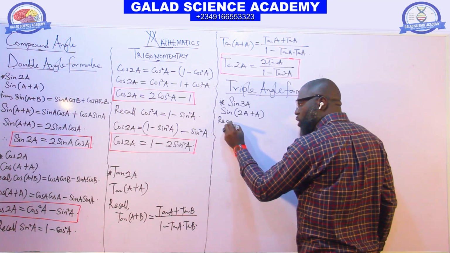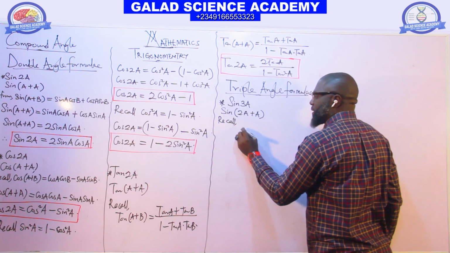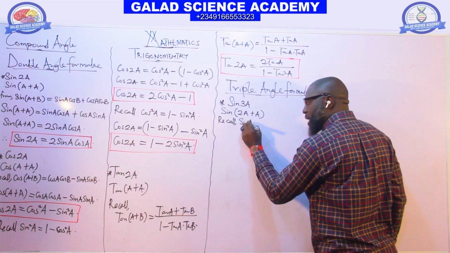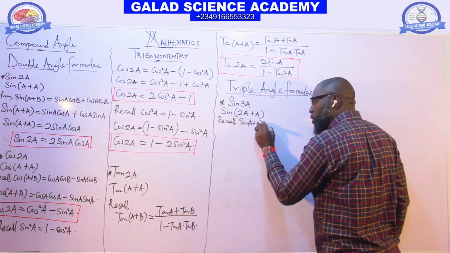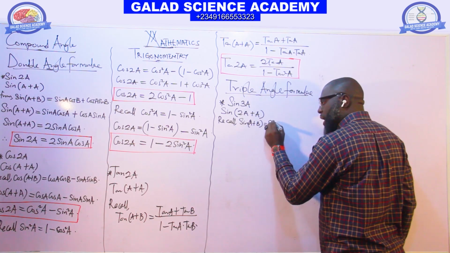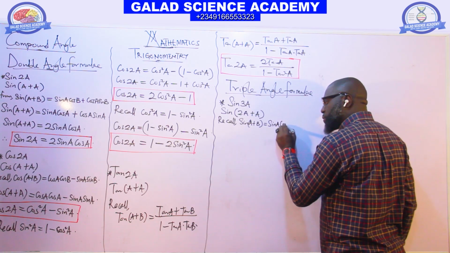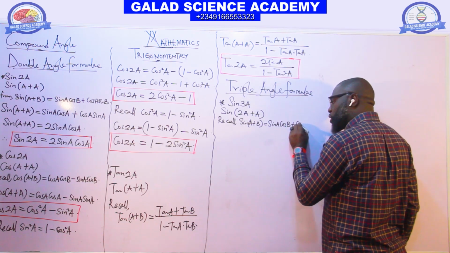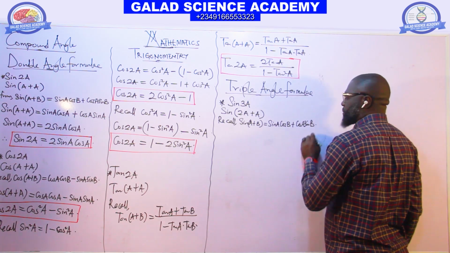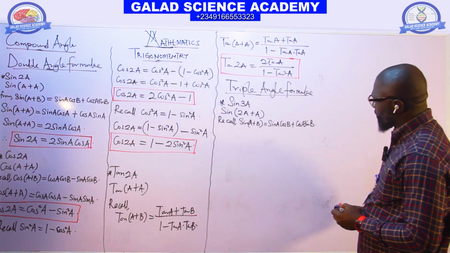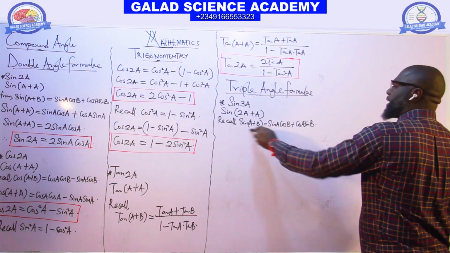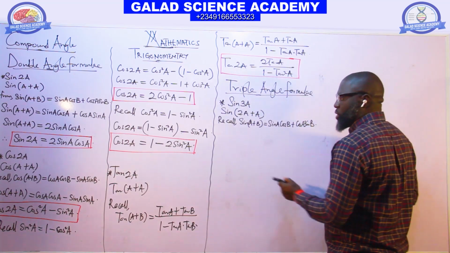So again, recall that sin A plus B will give us sin A cos B plus cos A sin B. So let us apply this identity to solve this one.